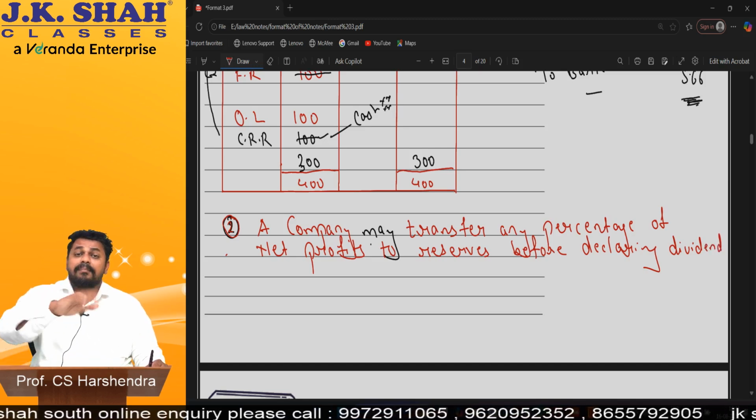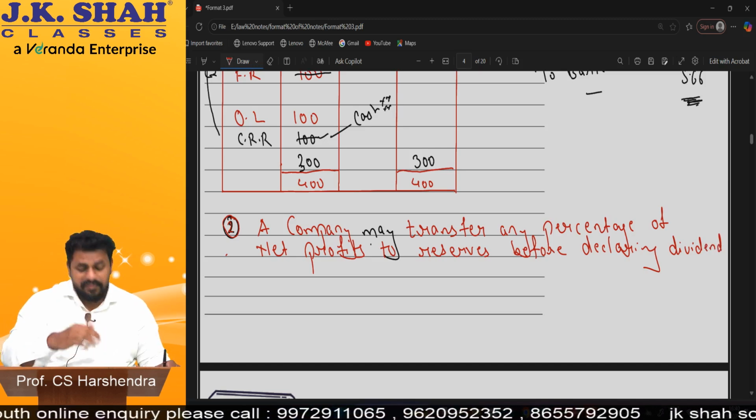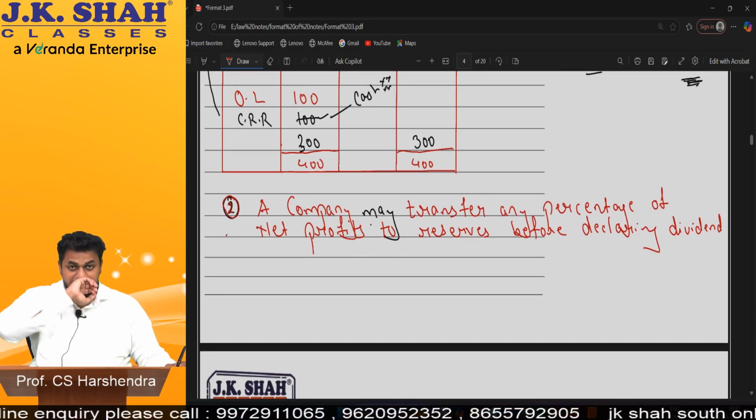A company may transfer any percentage of net profits to reserves before declaring dividend.